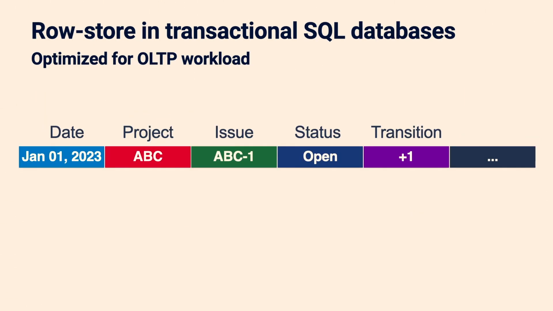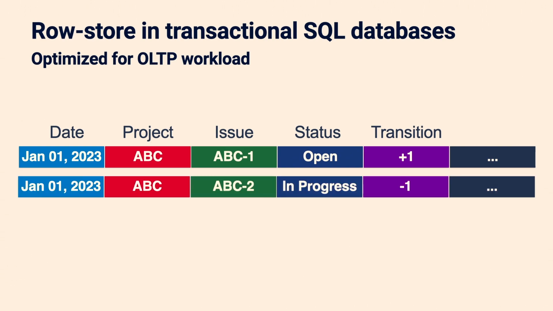One of the main reasons for that is how the data is stored in transactional SQL databases, which are optimized for so-called OLTP, or online transactional processing. They store the raw data together, which is good when you are inserting or updating rows, that you just insert, update data or append the new data to the database files.